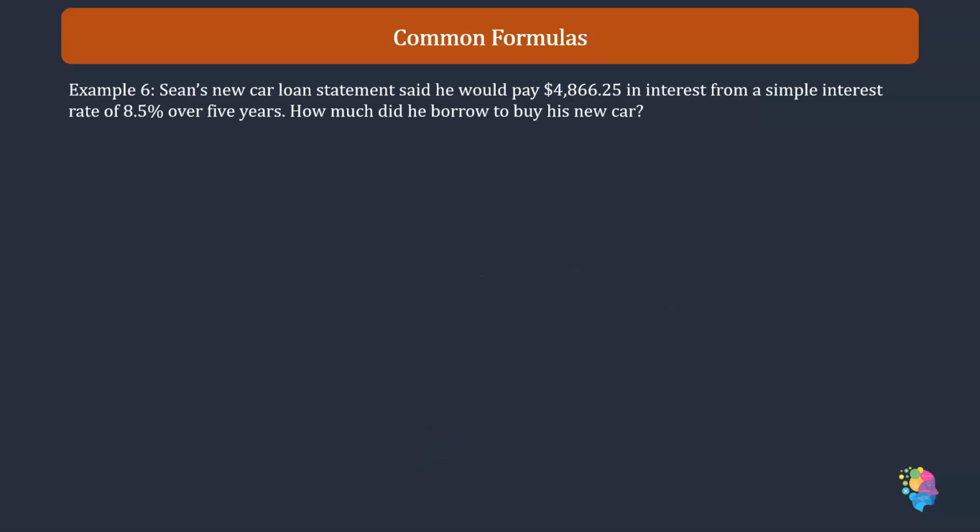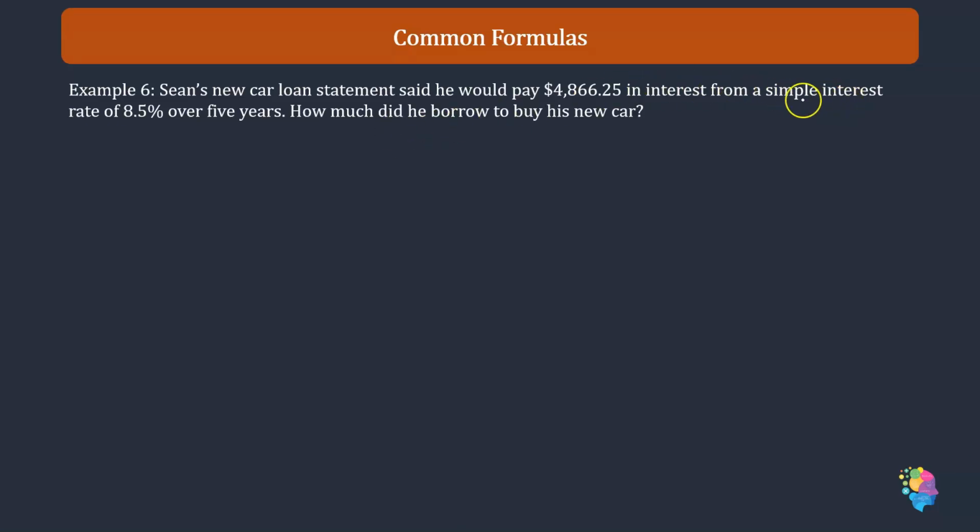Example 6 reads, Sean's new car loan statement said that he would pay $4,866 with 25 cents in interest from a simple interest rate of 8.5% over 5 years. How much did he borrow to buy his new car?